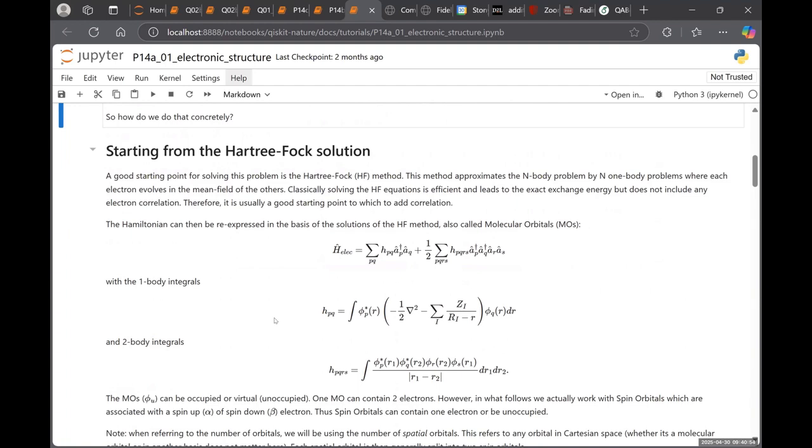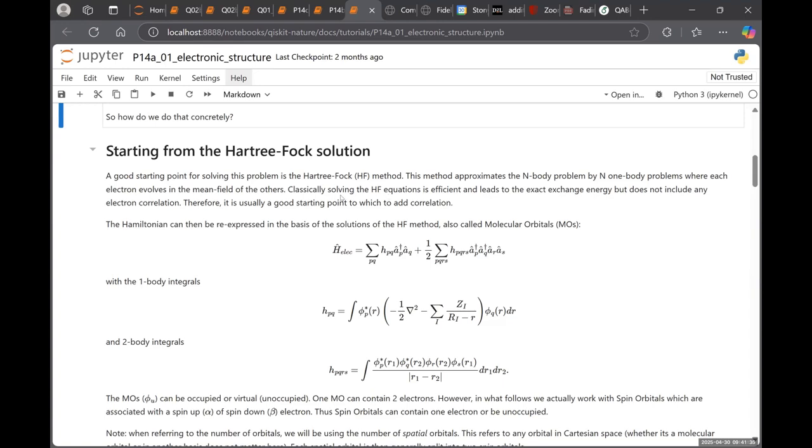To solve the simplest problem is called the Hartree-Fock solution. It's a way to approximate the ground state wave function by some kind of product wave function, but you need to take into account that they are fermions, so they're anti-symmetrized. This method approximates the n-body problem by n one-body problems. So the electron would move in the field of the others, so it's like a mean field approximation.